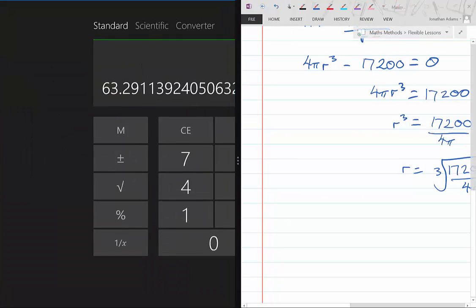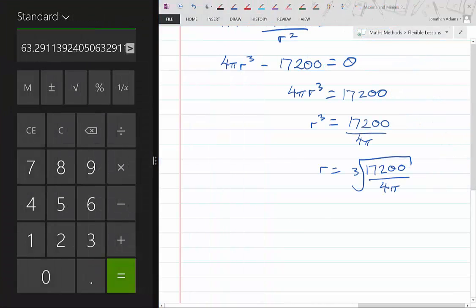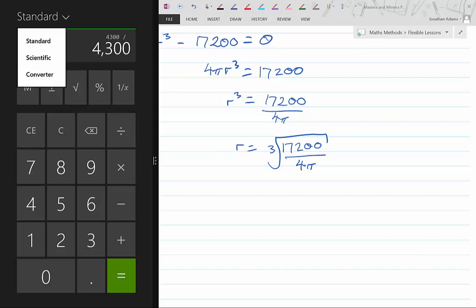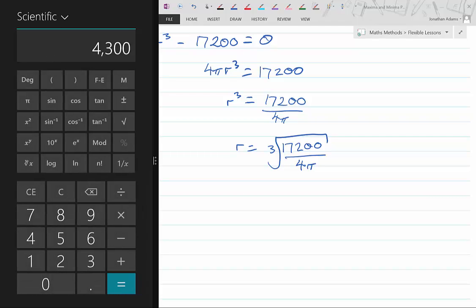I'm going to bring my calculator in. We have to do 17,200 divided by 4 divided by pi, since we don't have a scientific calculator here, and then I need to find the cube root.